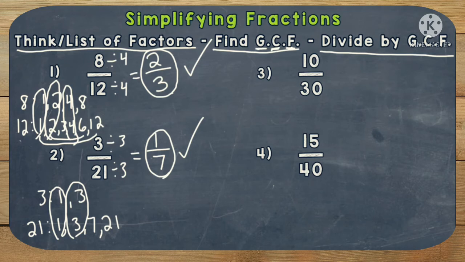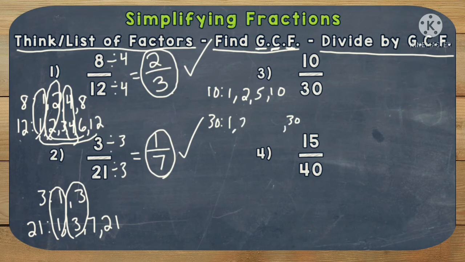So let's do the list for 10, the factors of 10. Well, I know 1 and 10, and I also know 2 times 5 gives me 10. So that's the complete list of factors for 10. So let's do 30. Well, I know 1 times 30 is 30, right?